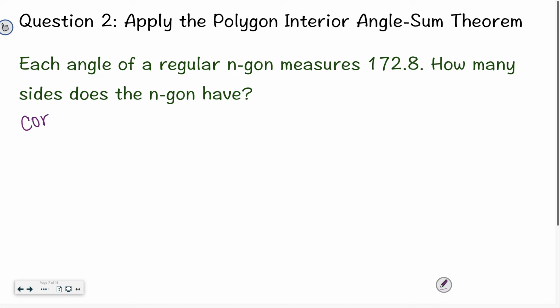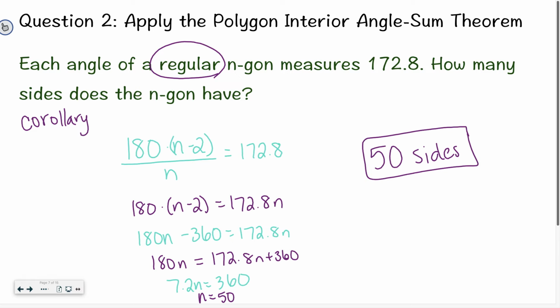You need to use the corollary to Theorem 6.1. That was a couple slides back that hopefully you took a screenshot of. The one that I said you can only use if you have a regular polygon. Okay, so if you go back, use the formula from that and see if you can solve this problem. Good luck.